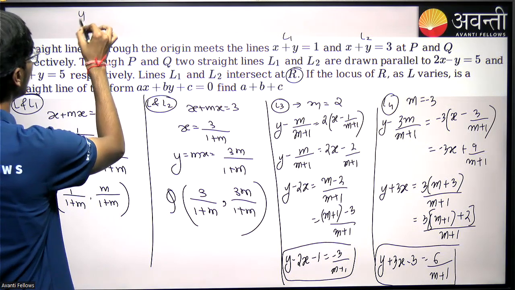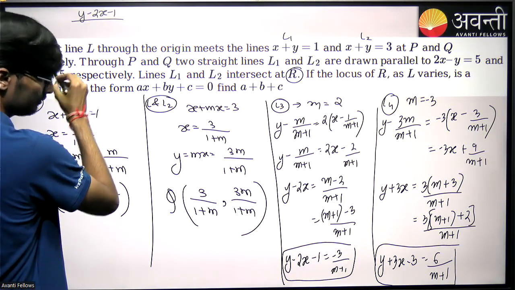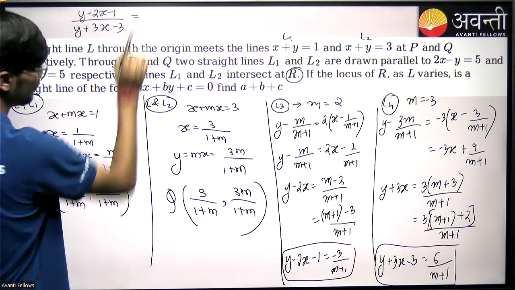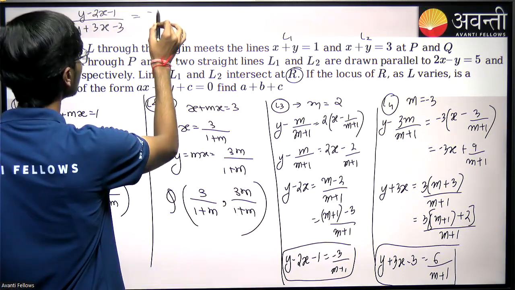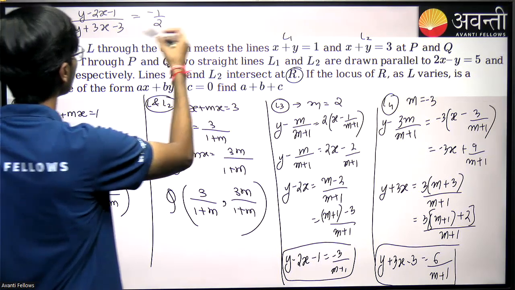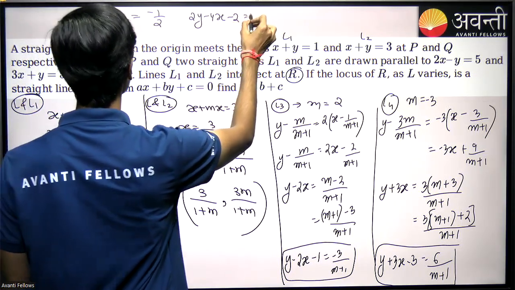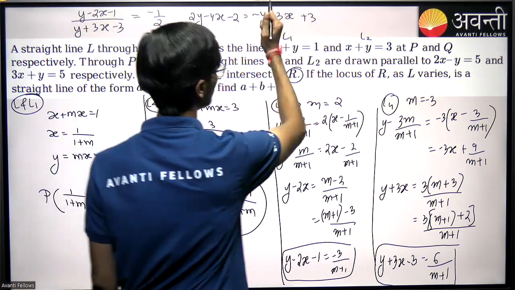So y minus 2x minus 1 upon y plus 3x minus 3 is equal to minus 3 upon 6, so minus half I'll get. m plus 1 will get cancelled. Let us cross multiply. So I get 2y minus 4x minus 2 is equal to minus y minus 3x plus 3.